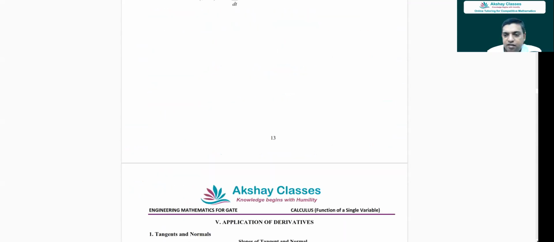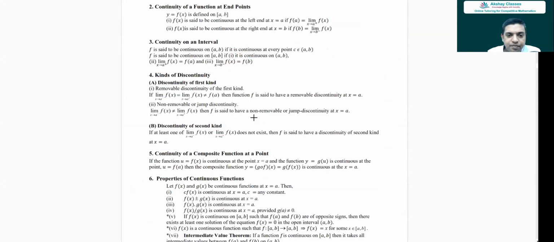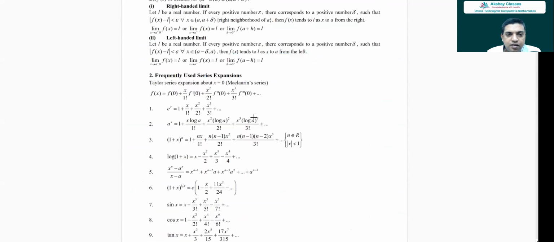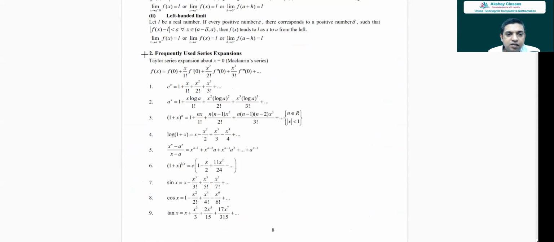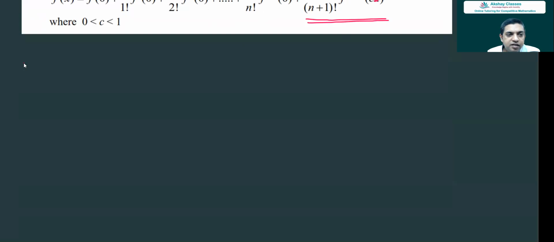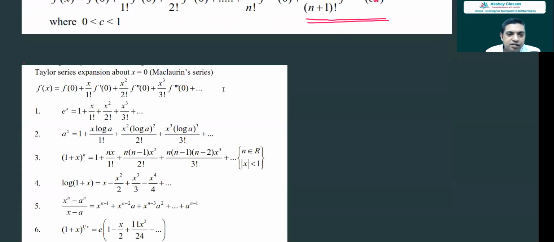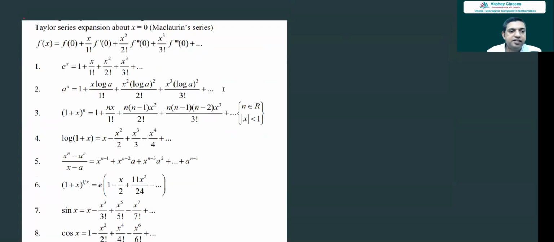As I've given earlier when we were doing limits, we have the standard Maclaurin's series. Usually when the remainder term tends to 0 as n tends to infinity, we get what we call the infinite Maclaurin series.